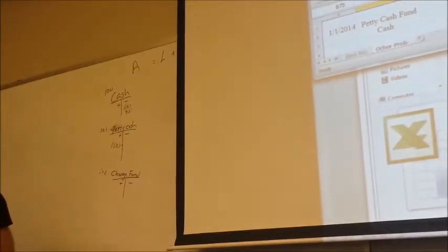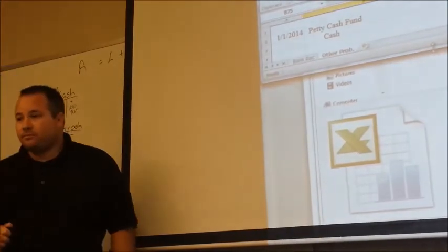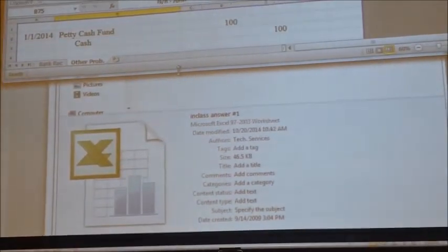Brand new petty cash fund. And we had to go down to the bank, take money out of the checking account. That's where the money came from. That's why we had to credit our cash.